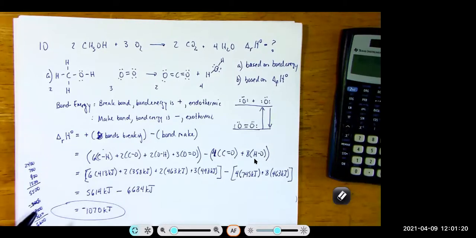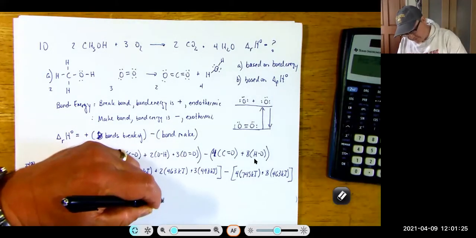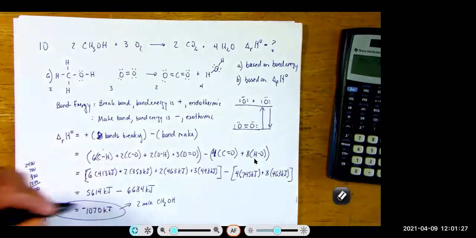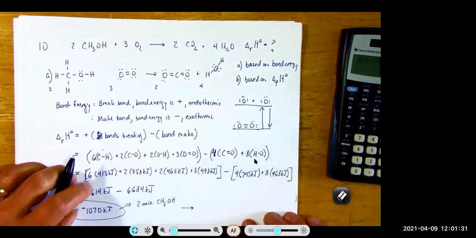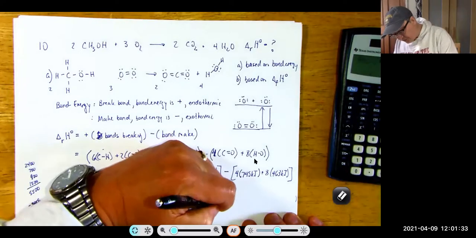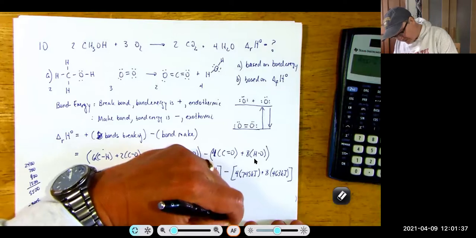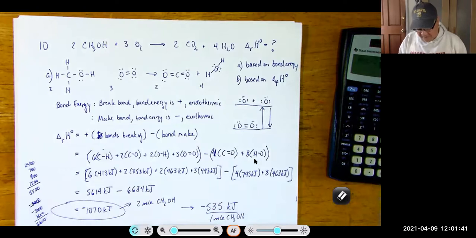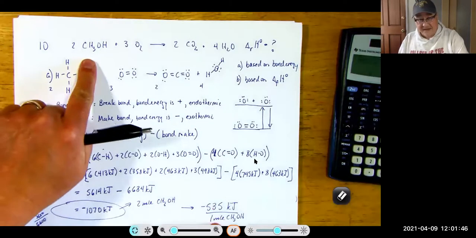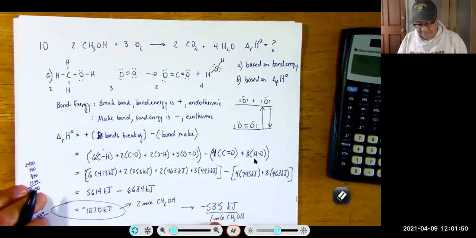Yeah. But that is for 2 moles of methanol. So this value would be 535 kilojoules per 1 mole of methanol. How do I know this is for 2 moles of methanol? Because of the equation. Okay.